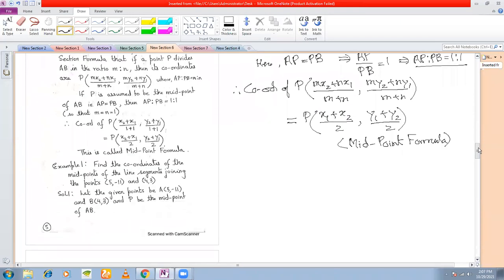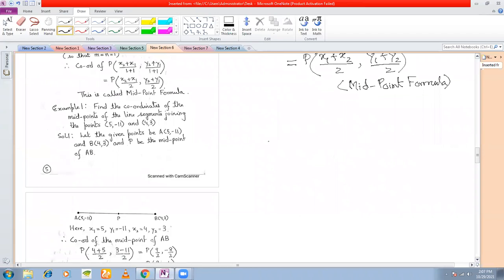Let us see an example here. Find the coordinates of the midpoint of the line joining the points 5, -11 and 4, 3. So you've got 2 points given to you. A is 5, -11, and you have another point B, 4, 3.